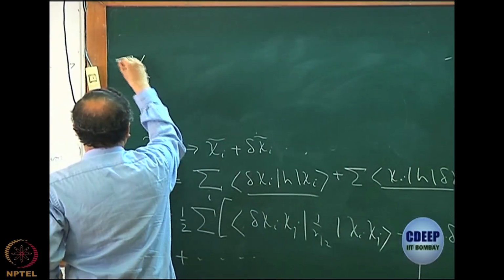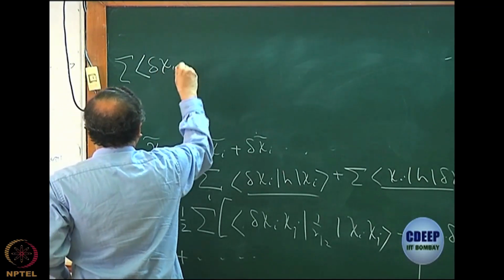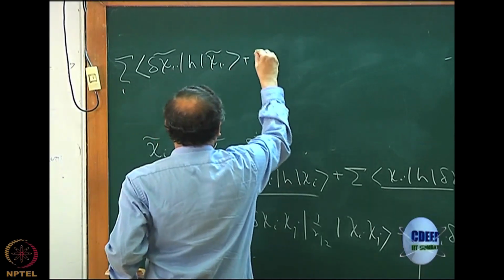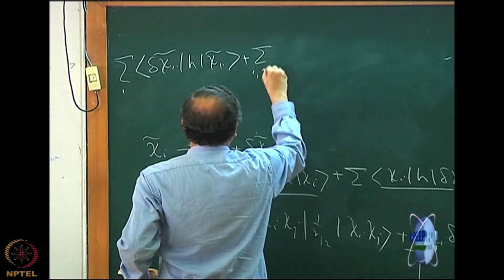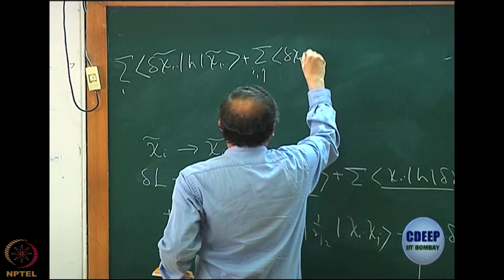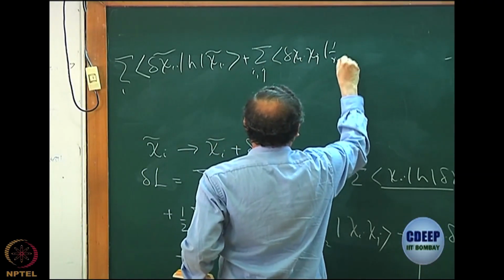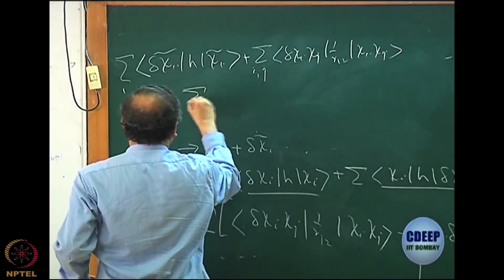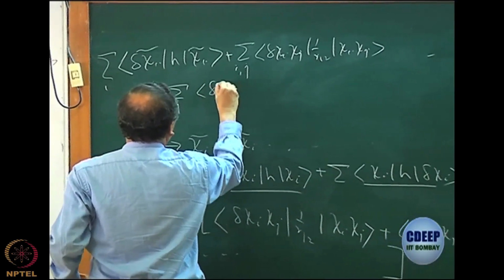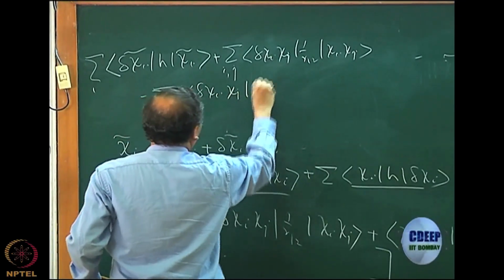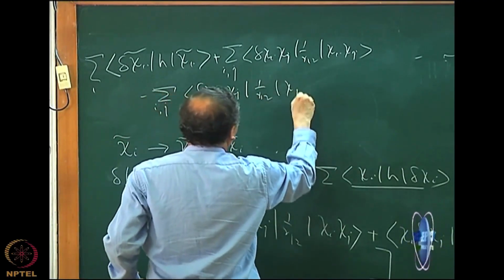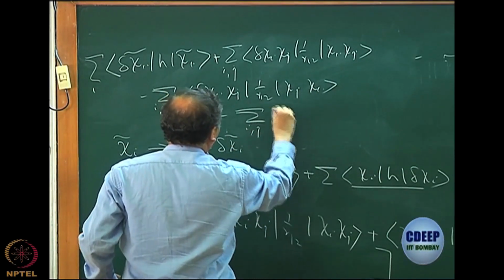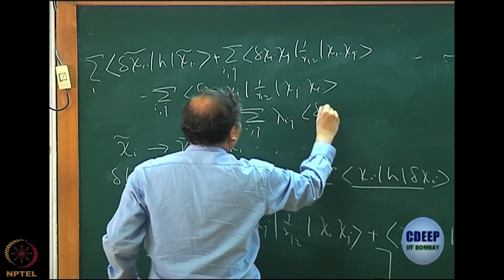delta sum over i, delta chi_i h chi_i tilde. Now I will put tilde since I have a chance to write the equation all over again. Sum over ij delta chi_i chi_j 1 by r12 chi_i chi_j, minus sum over ij delta chi_i chi_j 1 by r12 chi_j chi_i, minus sum over lambda_ij delta chi_i.